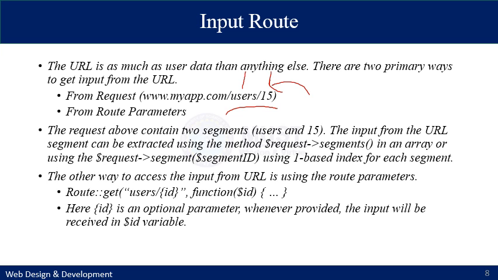The second way is to access the input from the URL using the route parameters. For example, if you specified the route using the Route get method and specified user slash ID in the curly braces, which is an optional parameter, whenever provided, the input will be received in a $id variable, and if it is not provided, the $id variable will be null.